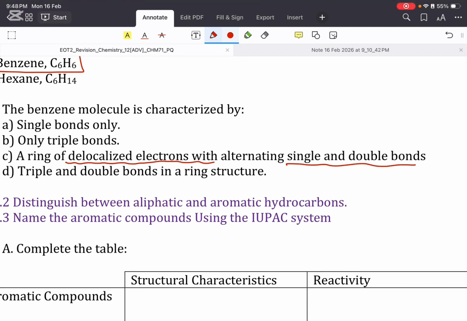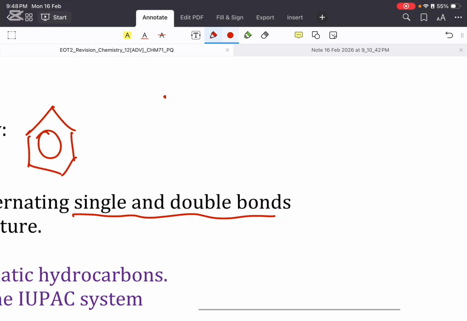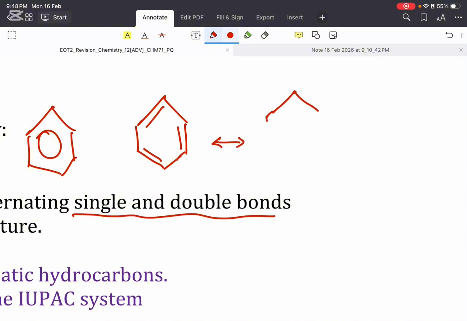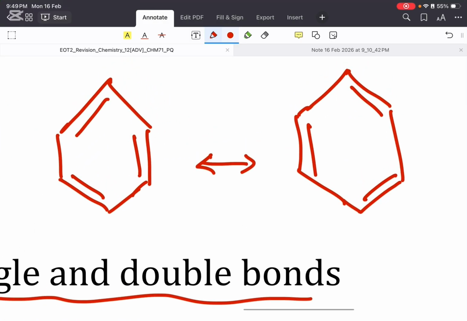What do I mean by delocalized? You see this structure when they draw a circle? What do they actually mean by this circle? It's simply the rotation, or what we call the delocalization of electrons between the double bonds. Why do I have a structure like this? It's because the 2 electrons over here, they rotate.